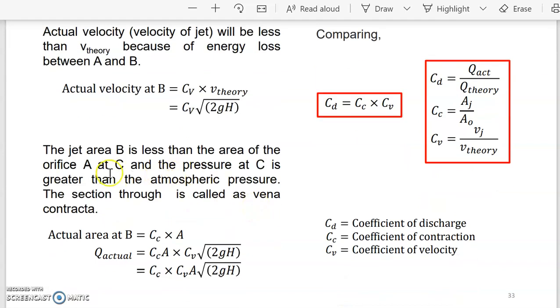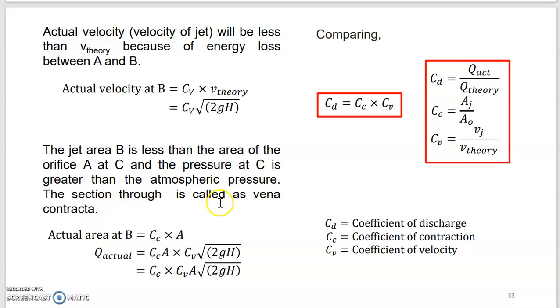And then the jet area at B is less than the area of the orifice A at C, and the pressure at C is greater than the atmospheric pressure. So this section is called the vena contracta. Therefore, the actual area at B equals the coefficient of contraction CC times the area.